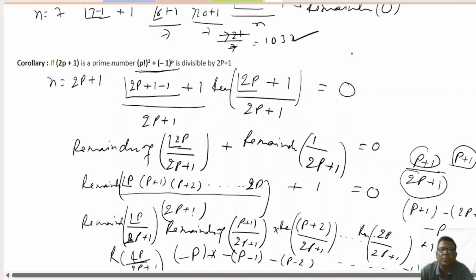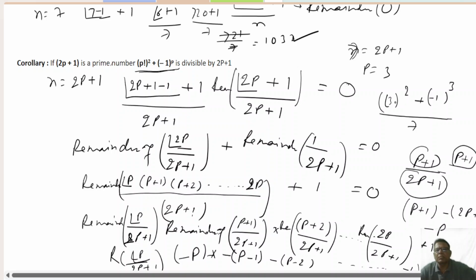So suppose 7 is equal to 2p plus 1, then p is equal to 3. Put here: factorial 3 the whole square plus minus 1 should be divisible by 7.